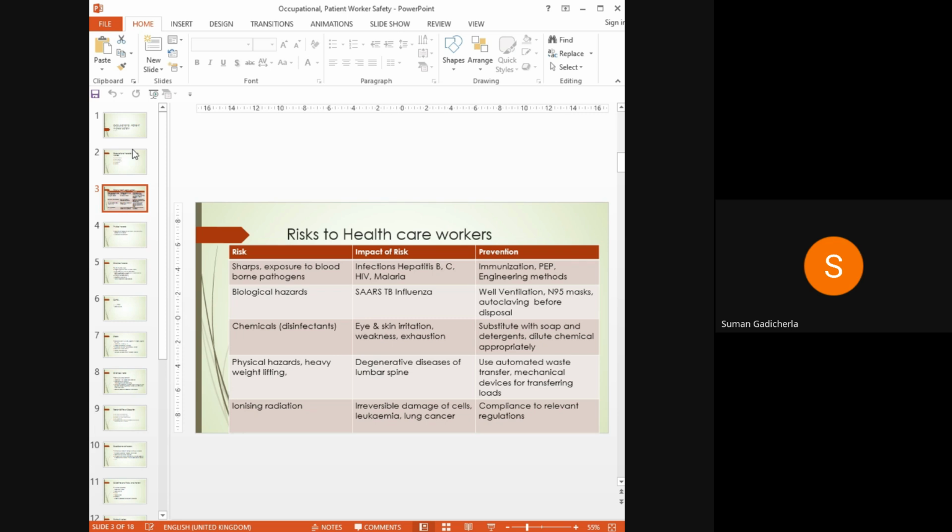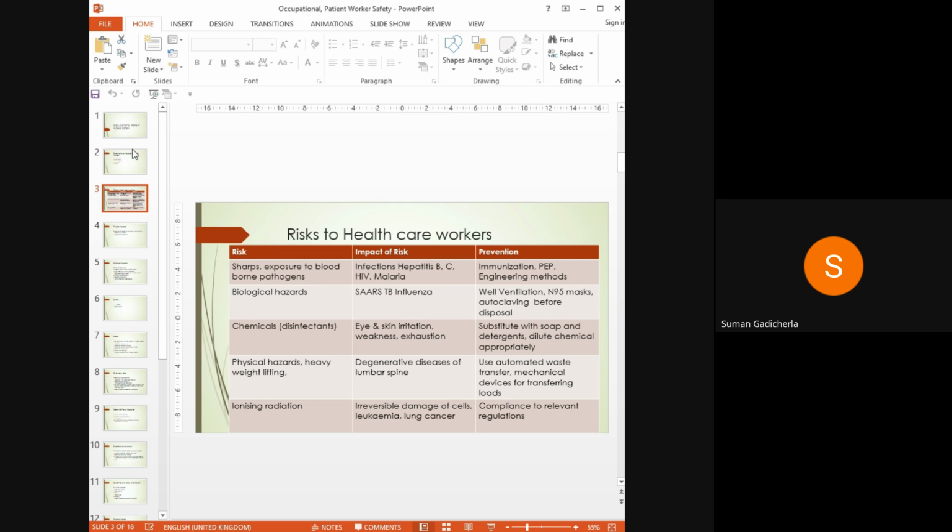And what do they do? They ensure that it is minimally staffed. Only those who are necessary will be there in the X-ray room. Otherwise, those who are not involved are usually not allowed inside the room. Am I right? One lead apron is there, so they try to minimize exposure as much as possible. And anybody working in radiotherapy or radiation medicine wears a dosimeter. Have you noticed it?